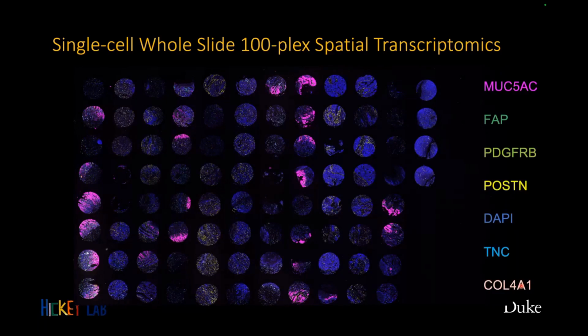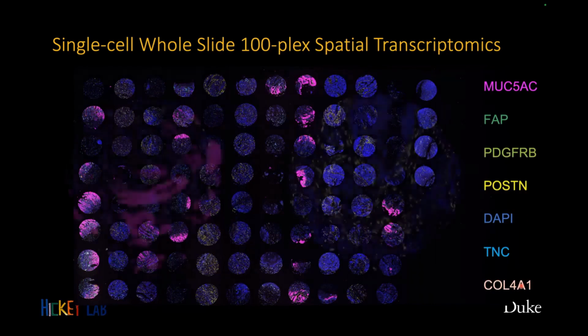So we then went from this to use the PhenoCycler from Akoya to identify some spatial transcriptomics, where we looked at individual molecules that we were interested in that overlapped with our Codex multiplex imaging panel.